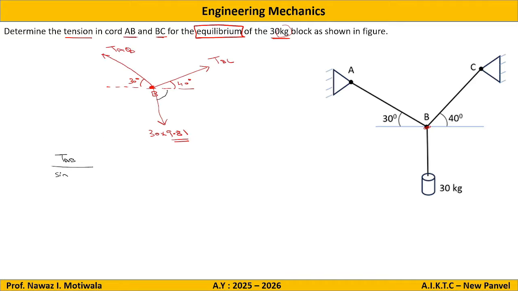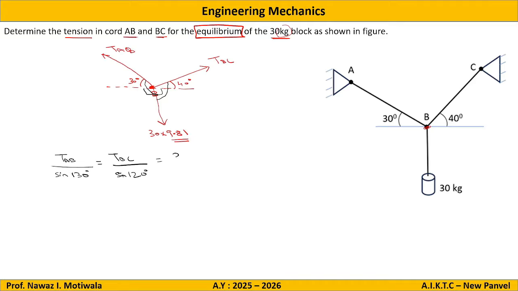So these are the other two forces now. It will be 90 plus 40, that is 130 degrees. Then the second force, TBC, divided by sine of, if this is the force, these are the two remaining forces. So it will be 90 plus 30, that is 120 degrees.